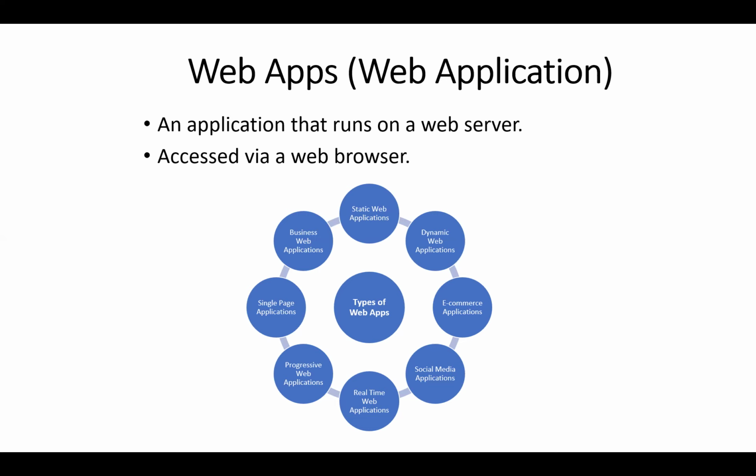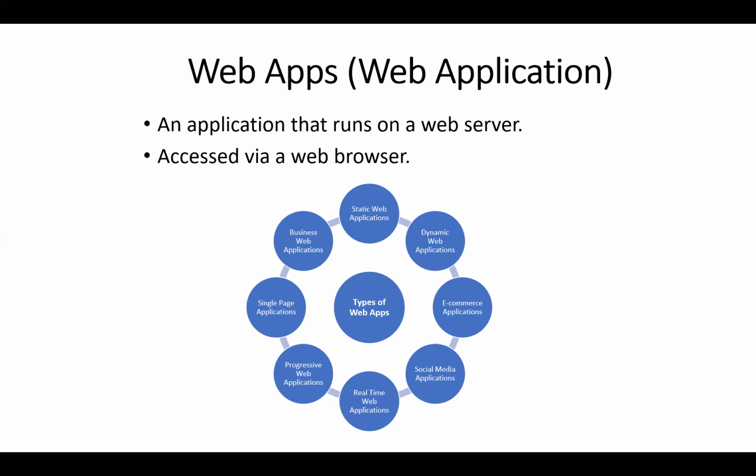So we have the static web applications, which just display content for users. Dynamic ones, where you can make inputs to the interface and get a response, are a lot more interactive. Your e-commerce, eBay, Amazon, and all that, are all web applications of different sorts. Then your social media web applications, Facebook, Twitter, TikTok, Instagram, LinkedIn, are all different kinds of web applications under social media.